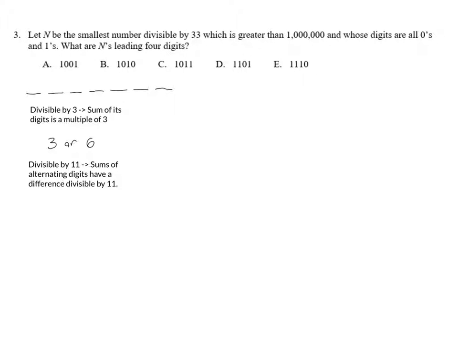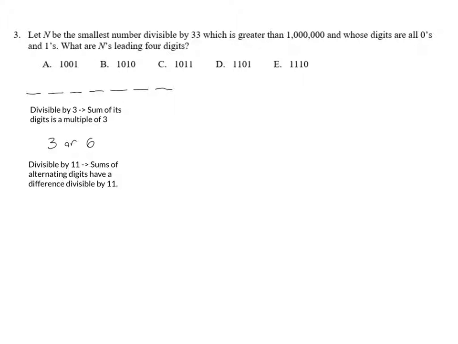Just like we saw in the last problem, because the number is divisible by 11, if we take the sums of the alternating digits and we take their difference, that difference has to be divisible by 11. But we have only 7 digits, so even if they were all ones, that's only 7 in total. There's no possibility that this difference is going to be 11.